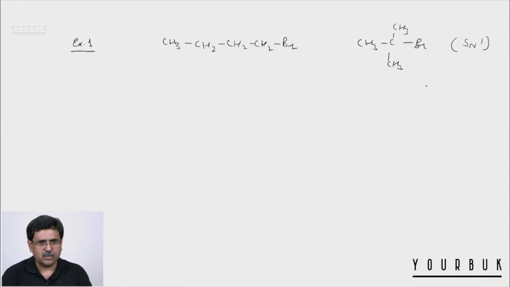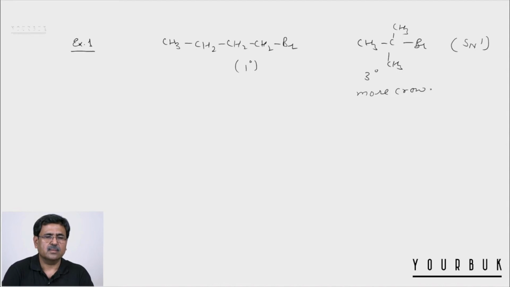Now, as the question is comparing the reactivity towards SN1, you first say which one is more crowded. So the 3 degree alkyl halide is more crowded as compared to 1 degree, and also loss of bromine from the 3 degree results in the formation of a stable 3 degree carbocation.